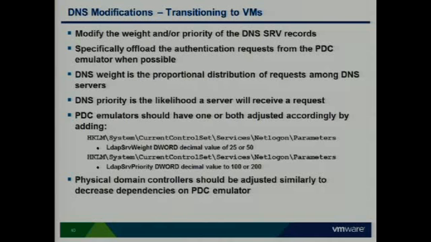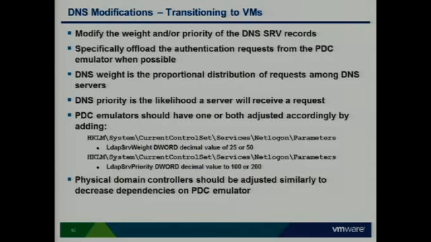Transitioning the VMs in here. So in the DNS server records, there's a value. I don't know how many of you ever look at DNS records carefully, but they've got a couple of neat little values. One of them is called the weight and the priority of a DNS SRV record, and specifically, we're talking about the DNS SRV record for domain controllers.